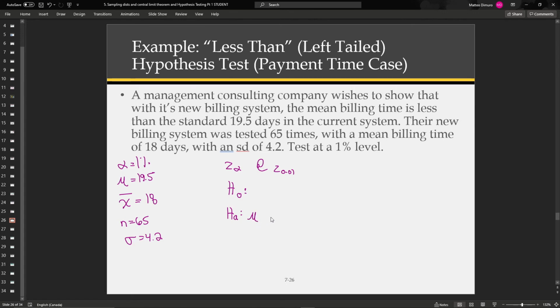So what are we going to want to show? That the mean billing time is less than, what's the old one, less than 19.5. So what would be the null hypothesis? Well, for the null hypothesis we can say mean is equal to 19.5, or we could say, what's the opposite here, greater than or equal to 19.5.